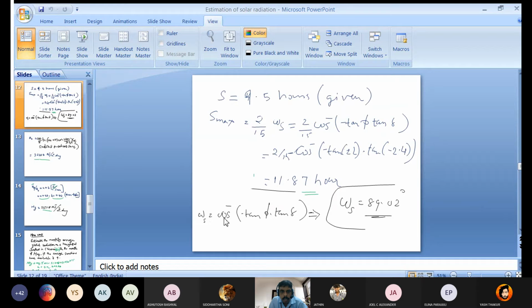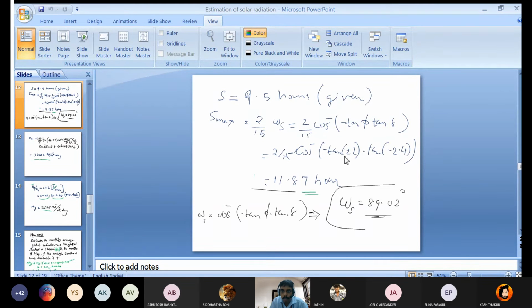Omega s, you are getting cos inverse minus tan phi tan delta. So omega s is equal to 89.02 degree. Whether you are getting that one, omega s? Omega s is this term, cos inverse of minus tan phi tan delta.